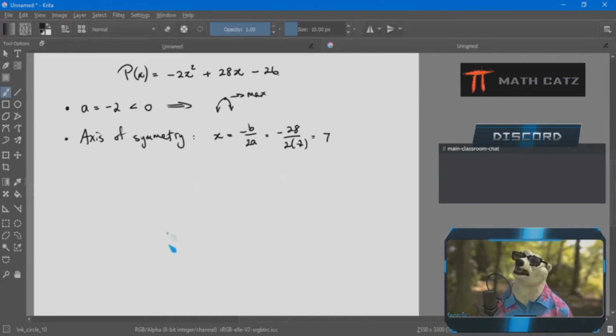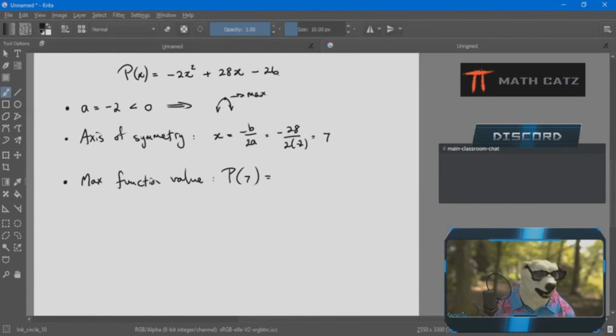Now let me finish the whole thing and then we'll have concluding sentences to explain in words again what this all means. I know I'm getting a maximum. My maximum function value, I don't memorize a formula for the vertex, I just plug it in. It's the profit, which is my function, evaluated at 7.